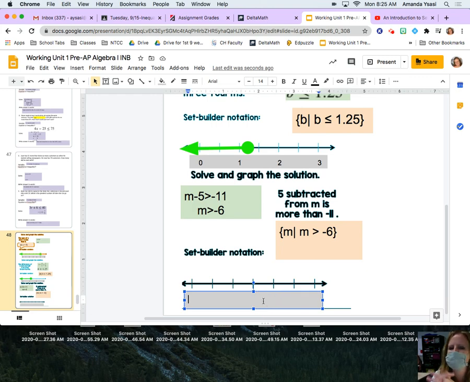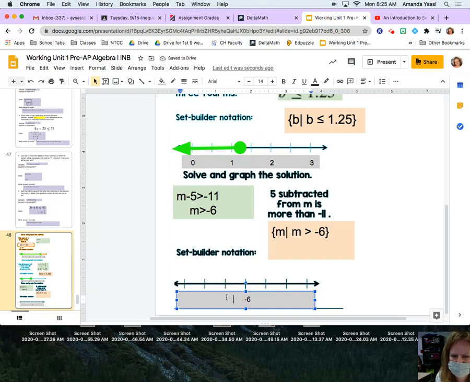Okay, so let's think about our numbers where we want -6 kind of in the middle. I'm going to put -6 there first. And then going up, or I guess going down, it doesn't matter. That'd be -7, -8, -9, -5, -4, -3. There we go.